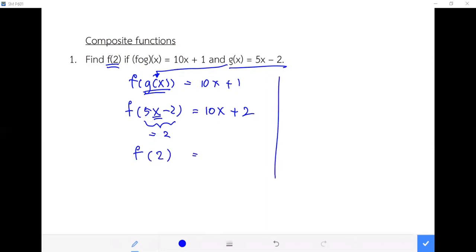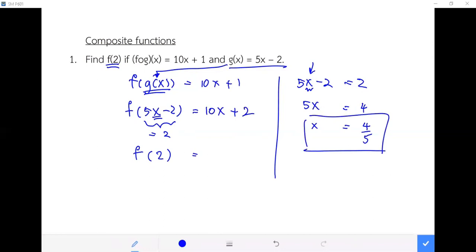So let's find it. You want to change 5x minus 2 to be 2, right? What should be your good x? So 5x is going to be 4, so x is 4 over 5. That's your good x, right?